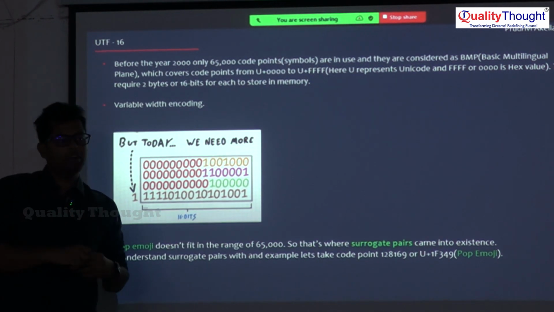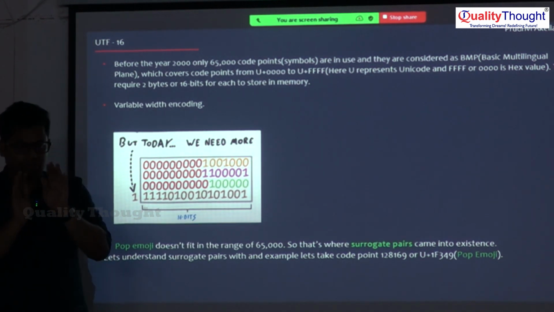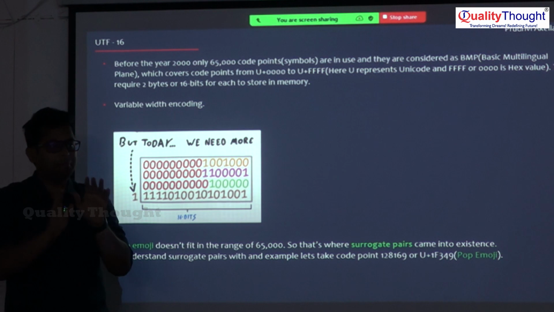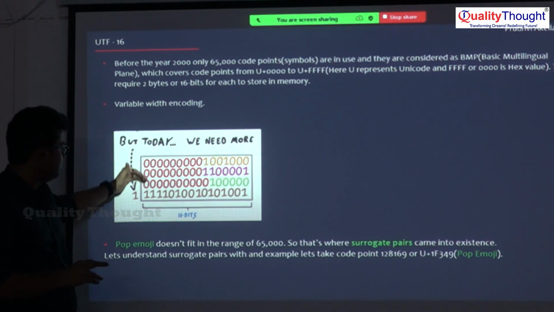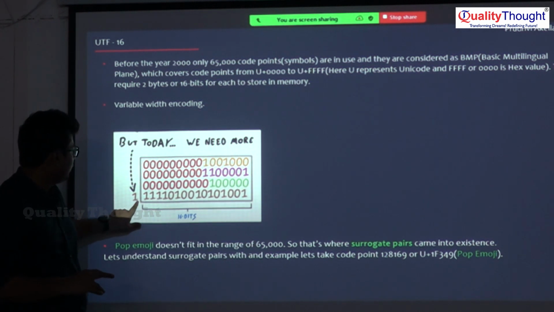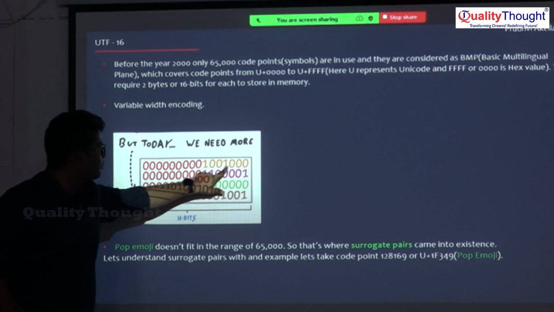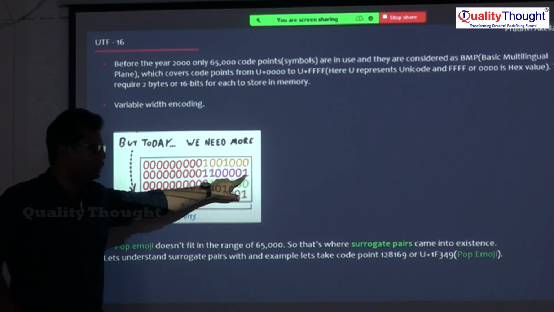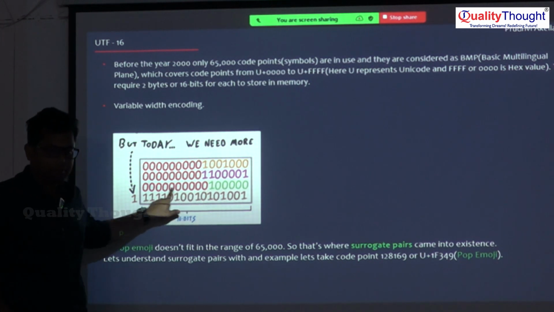In 16-bit, how does it work? It works in 2 slabs. Okay? If you take 16 bits, you see this, the H representation in 16 bit is this. The A representation in 16 bit is this. The space representation in 16 bit is this.